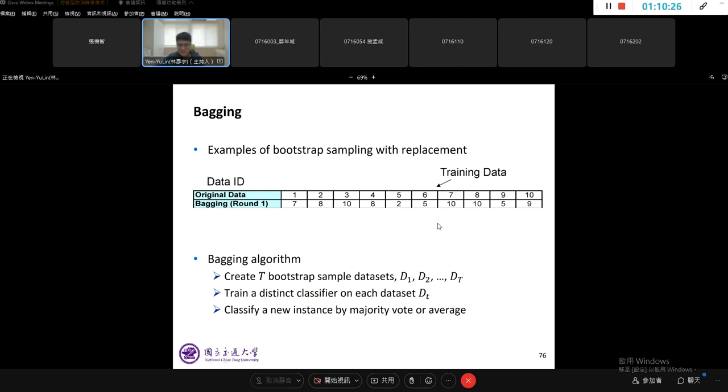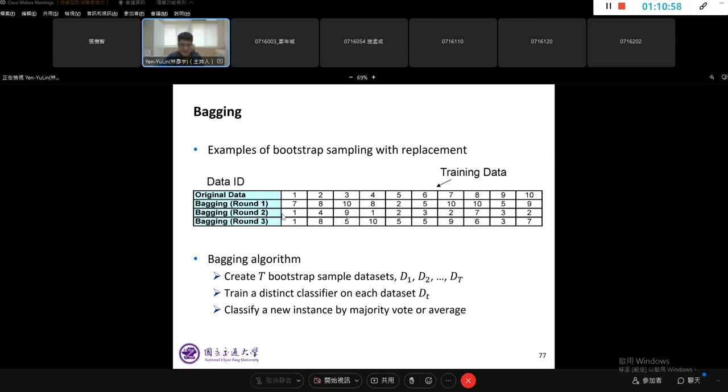We have 3 copies of training data number 10. Let me rephrase it. D1 is of the same size as D, but D1 is different from D. So this is the process called sampling with replacement.